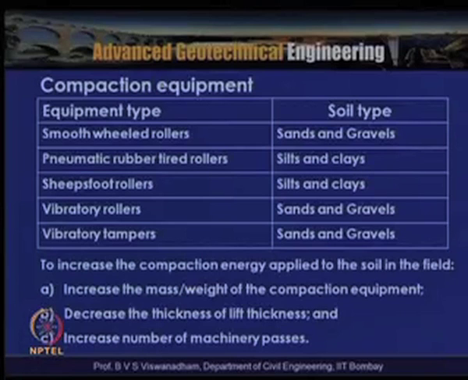If you are able to decrease the lift thickness, adequate compaction can be ensured in the field. You can also increase the number of machinery passes. We also discussed that increasing the number of passes is sometimes wasted, because further increase in the number of passes does not ensure additional compaction energy. There should be an optimum number of passes.